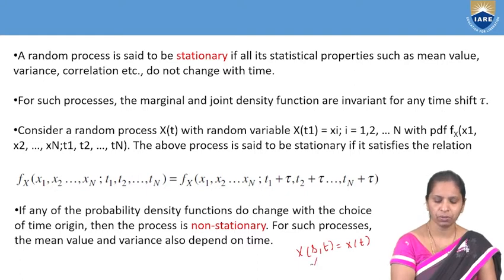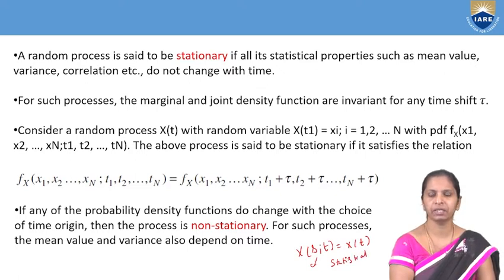With respect to the outcome, you are going to calculate what? Statistical properties. With respect to the outcome of the experiment, you are going to analyze the random process, and the statistical properties like mean, variance, correlation, and all those things are called as the statistical properties. Statistical average or mean.